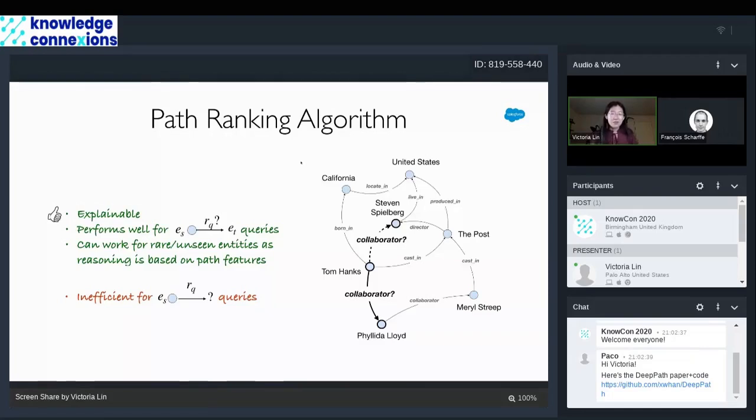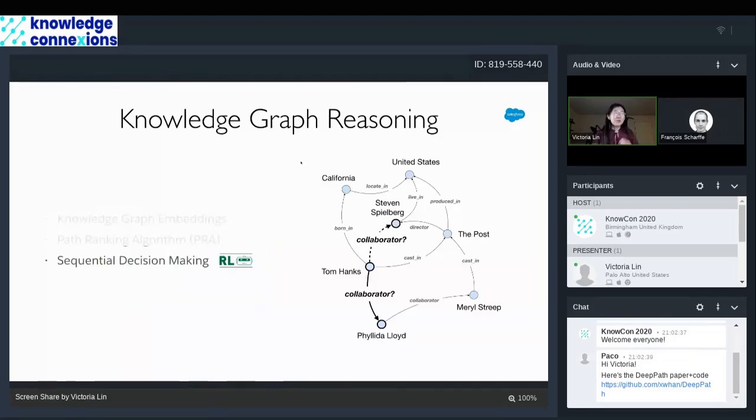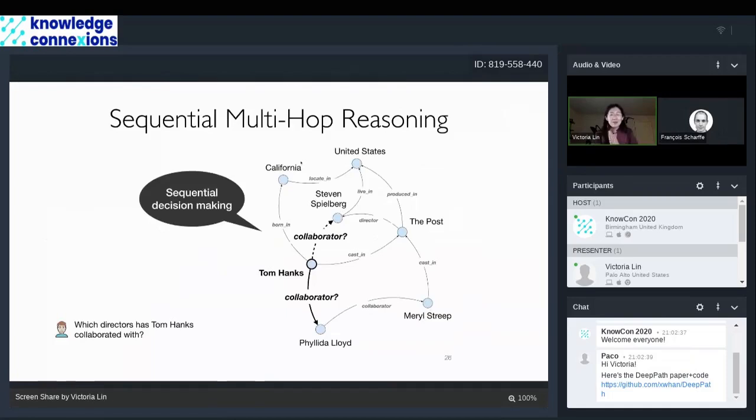So how do we solve this problem? This brings us to the scenario where we cast knowledge graph reasoning as sequential decision making. This is a very clever framework proposed in 2018 by the model called Minerva. So basically, we realized that for the problem where the source entity is known and the target relation is known, we can directly formulate it as a sequential decision-making problem.